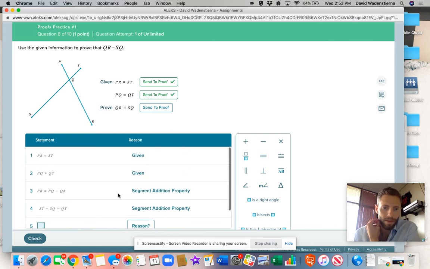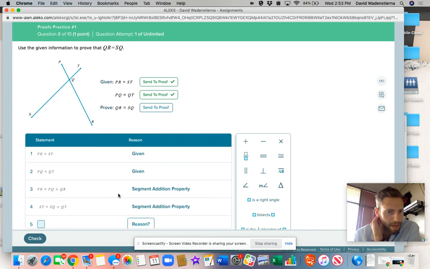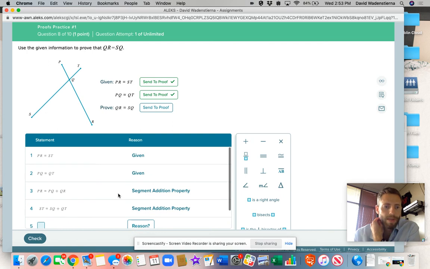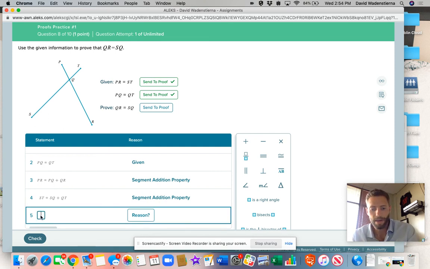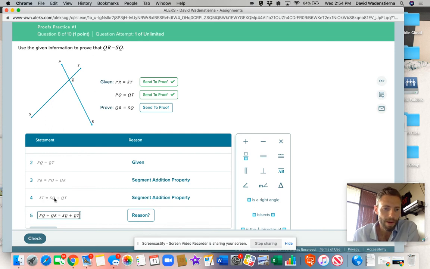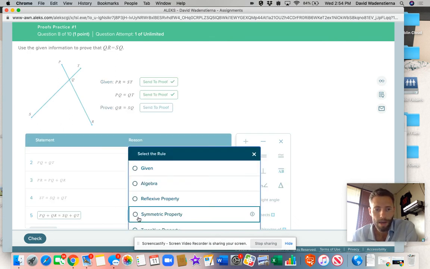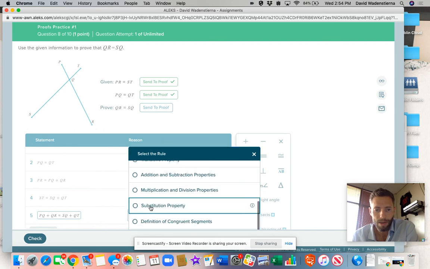Now we have some givens that we can use here. We know PR and ST are equal, so I can set them equal to each other. I could say PQ plus QR equals SQ plus QT. I took statements 3 and 4 and looked at what PR equaled and what ST equaled, and if those have to equal each other, then PQ plus QR has to equal SQ plus QT. That would be substitution, because I have equality here.